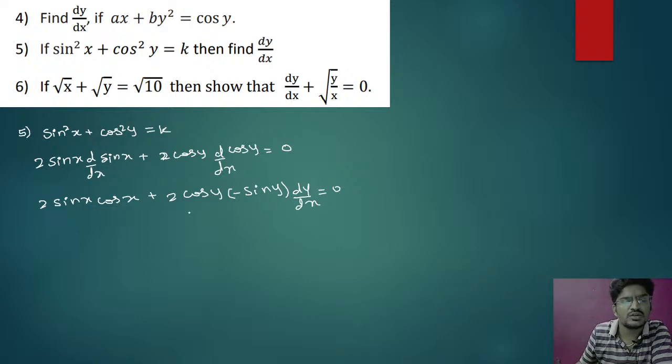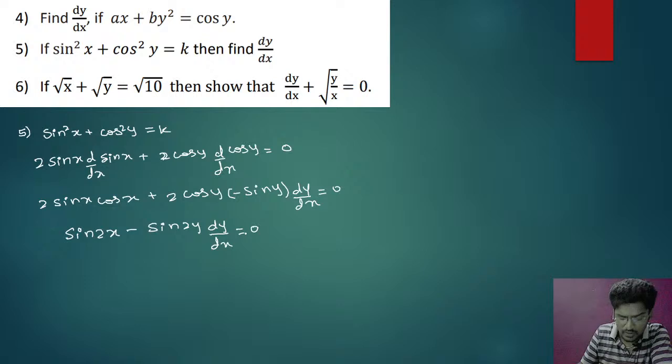Now here 2 is constant, or you can write it as sin 2x minus sin 2y into dy by dx is equal to 0. Clear? So therefore minus sin 2y into dy by dx equal to minus sin 2x. You can cancel minus and minus.